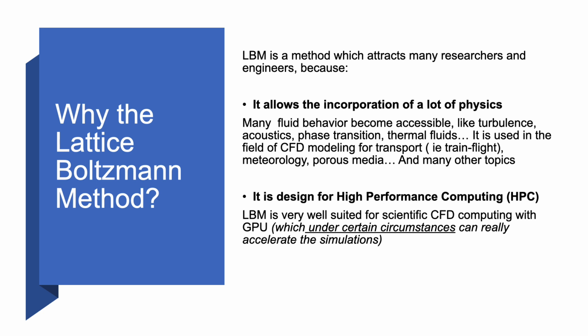And the second reason is that it's a high performance computing code, so it's basically designed for that. And this is due to the method of the Lattice Boltzmann. So that's what we'll describe later in this presentation. So it goes really well on the GPU, and it can be scaled easily.